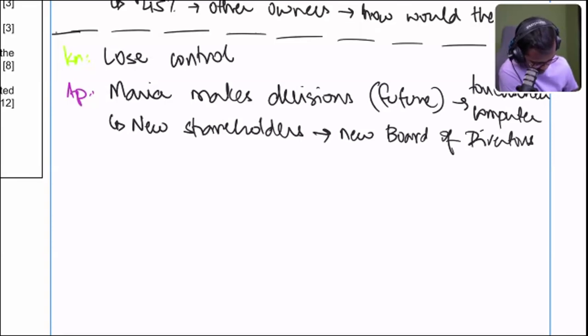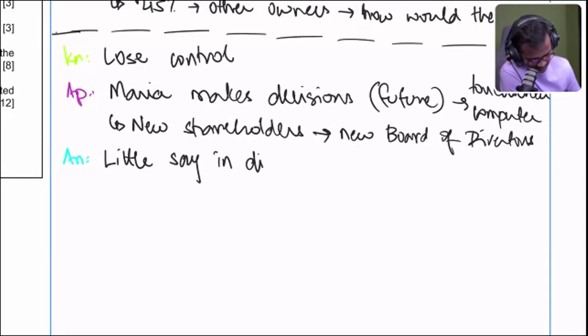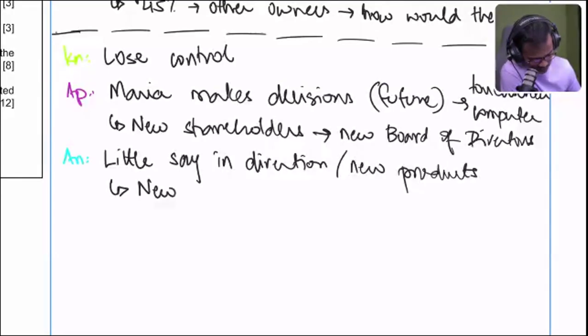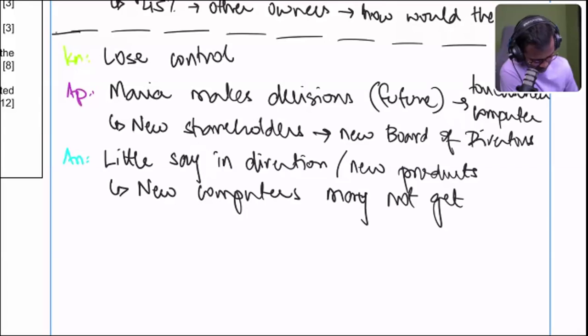And the problem with that is that she may have little say in the direction or what new products should be launched, and maybe the new computers may not get launched. So just to explain how loss of control translates into even your future getting out of your hands.